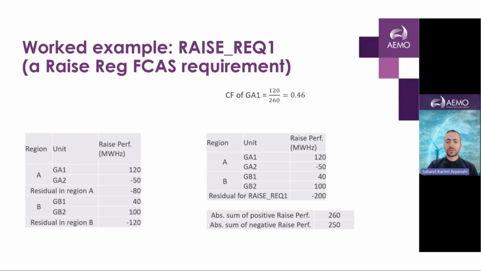So it is normalized by dividing it by the absolute sum of negative performances. This makes its contribution factor minus 0.2, which means the unit pays for 20% of FPPs for this requirement. We calculate other contribution factors in a similar way. As you can see, the sum of all contribution factors would be 0.